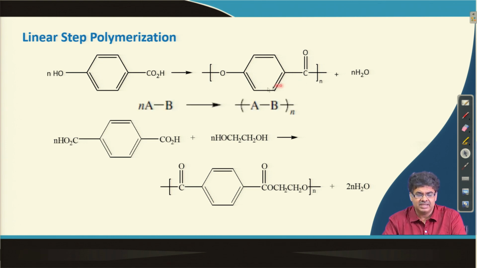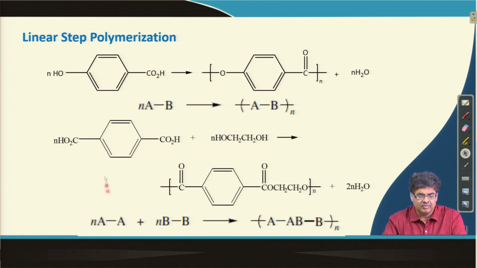We call this an AB type monomer. Or we can have 2 monomers, AA type and BB type, where one monomer has 2 same functional groups and the other monomer has 2 different functional groups, which can react with each other.